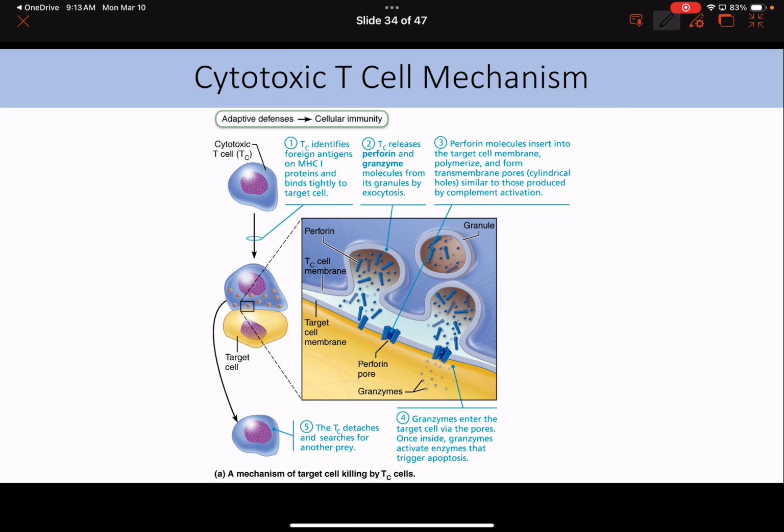So how these cytotoxic T cells work. Let me see if these steps are in your notes. Okay. So here's a cytotoxic T cell. Here's the target cell. Could be a transplant cell or a cancerous cell, or it could be a virus. But the cytotoxic T cell binds tightly to the foreign cell.